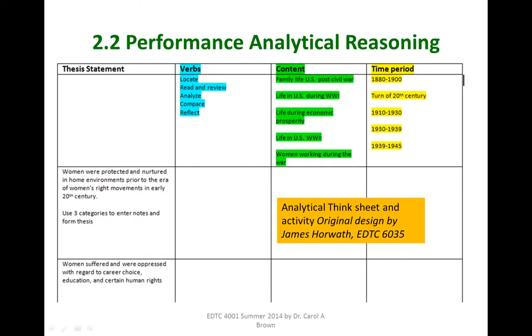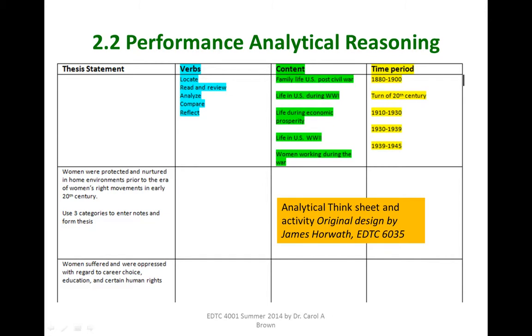in this first column a thesis statement, and then in this column with the blue highlighting, he's put in the kinds of activities that the student will do as they are reading. They're going to locate keywords, they're going to read and review, they're going to analyze, compare, and so forth.